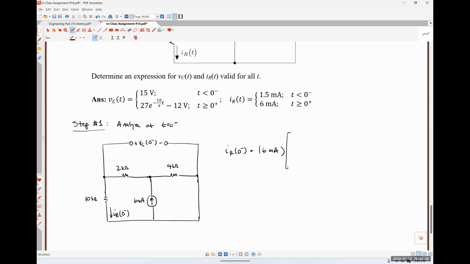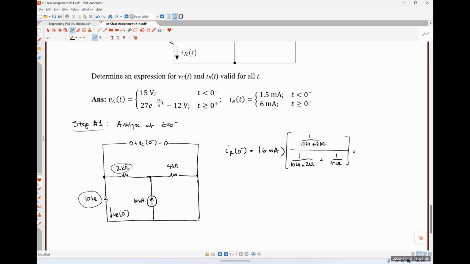And then the resistive path that we're finding the current through has this 2 kilo ohm resistor effectively in series with this 10 kilo ohm resistor. So that's going to look like 1 over 10K plus 2K divided by 1 over 10K plus 2K plus 1 over 4 kilo ohms.